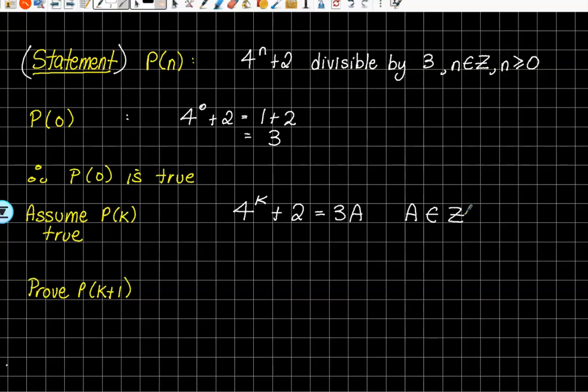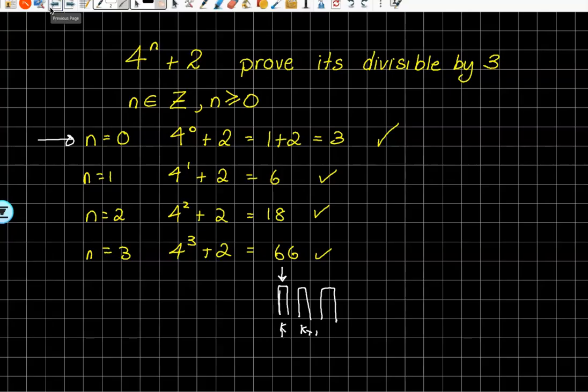Go back again, so sorry if you're copying it down, but this was true because this was 3 times 2, this was 3 times 6, this was 3 times 22, but all of these have to be integers.